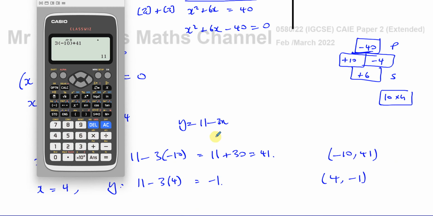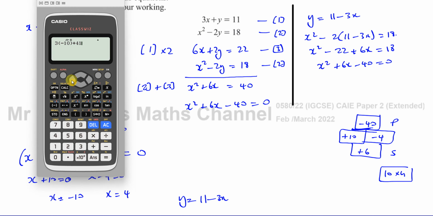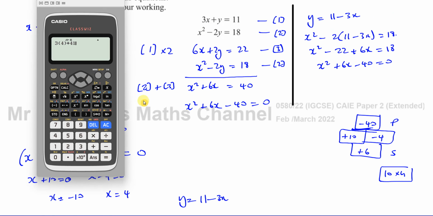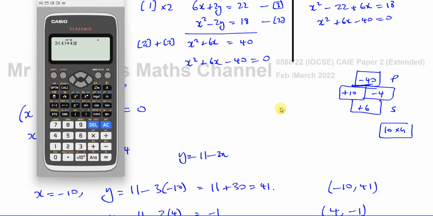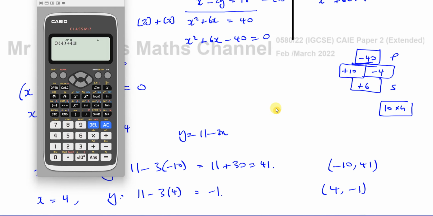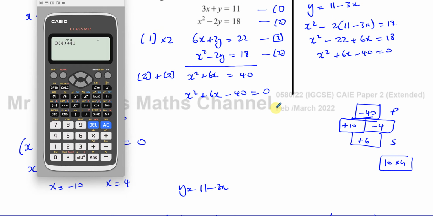And check the other answer: 3 times 4, and then plus minus 1.